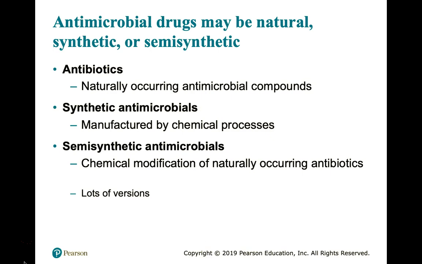We modify them just ever so slightly, which means that they can be effective if you start to see resistance in the naturally occurring one. So for instance, penicillin started to see resistance. We went in, we modified penicillin just a little bit, just enough to make it look different to the bacteria, and the bacteria is less effective against fighting off that antibiotic.